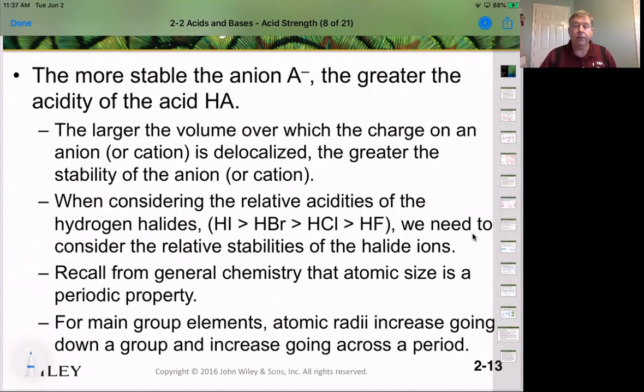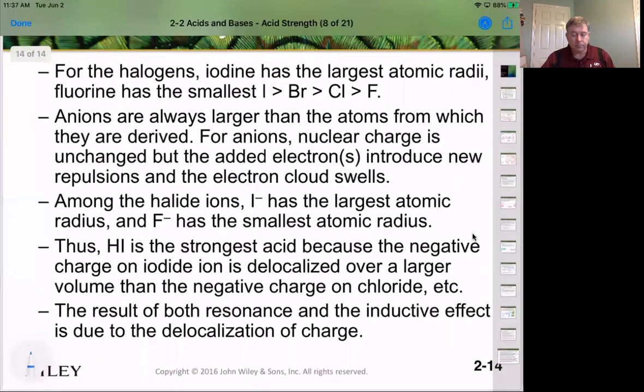Okay, so we have to think about all 4 of these rules when we think about acidity and its effect. And this is further explanation that because the iodine has the largest atomic radius, it can distribute that charge out over a larger area, and by distributing that charge over a larger area, it is the strongest acid.